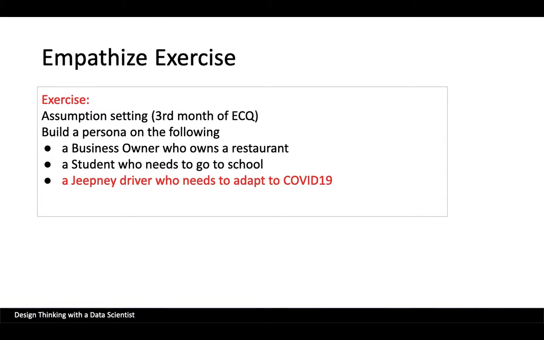You have to build a persona and then name that business owner, name that student, name that jeepney driver. Could be Maria, could be Juan. So you have to build who is this type of character, and you have to draw what they look like and put it in your mind.